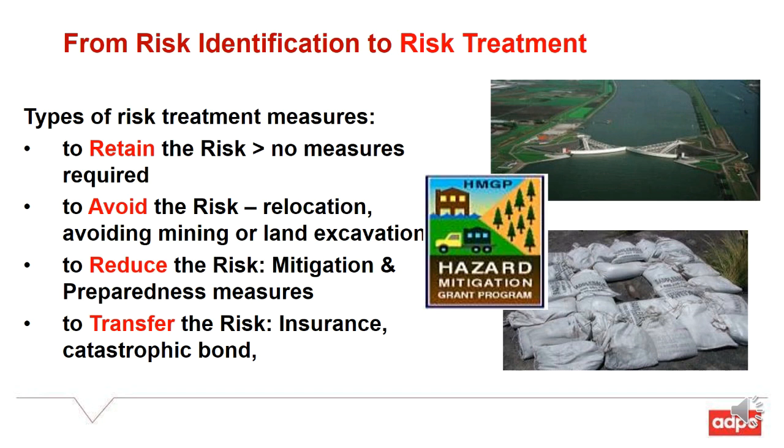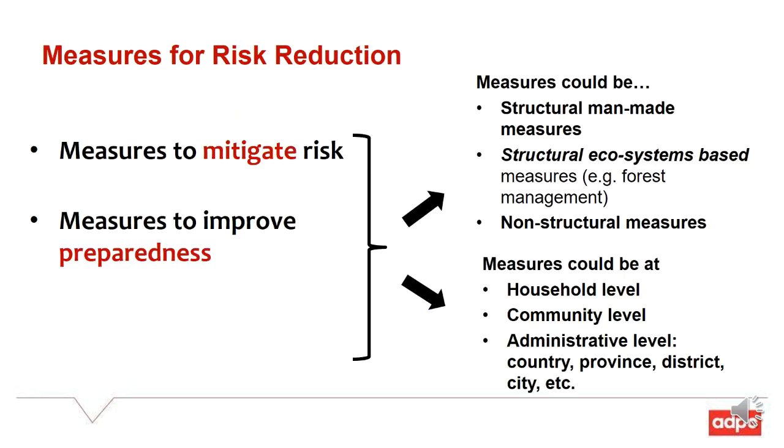From risk identification to risk treatment, the types of risk treatment measures are: to retain the risk, no measures are required; to avoid the risk, relocation, avoiding mining or land excavation; to reduce the risk, mitigation and preparedness measures; to transfer the risk, insurance, catastrophe bonds, etc. Measures for risk reduction include measures to mitigate the risk and measures to improve preparedness.